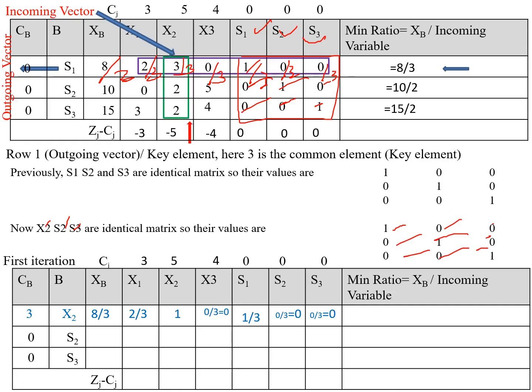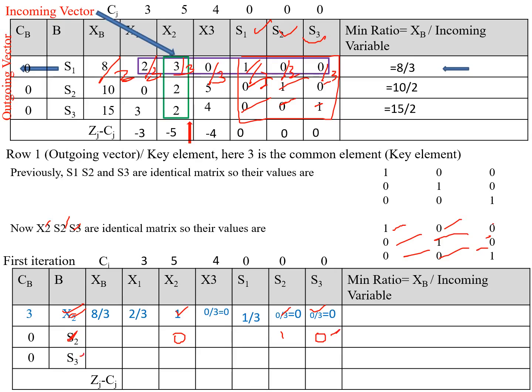Now X2, X2 is 1, X2, S2 is 0, X2, S3 is 0. Similarly, S2, S2 here 1 will come, and S2, X2 here it will become 0. S2 and S3 here it will become 0.